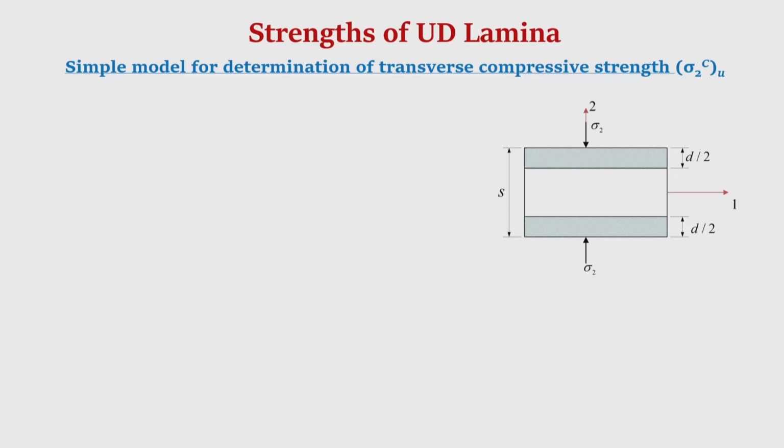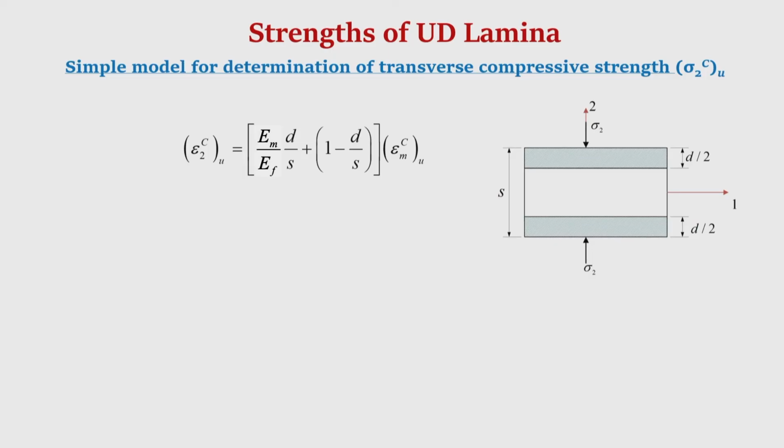Okay. Next, let us discuss the determination of transverse compressive strength. So, again a simple model analogous to the transverse tensile strength could be used. You can see that we have just replaced the tension by compression, and in the same equation, if you remember, for the transverse tensile strength it was epsilon 2 T u, this part was the same and it was epsilon m u, just replace this by compression and we get this.